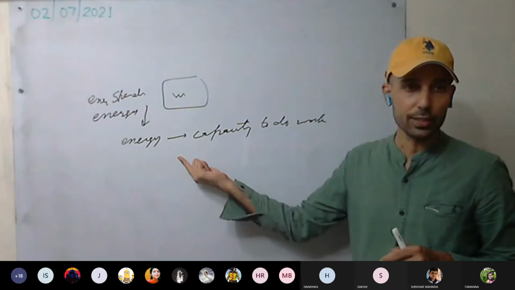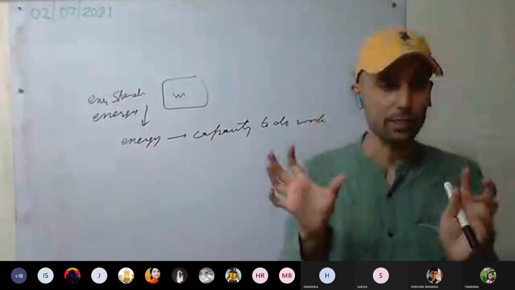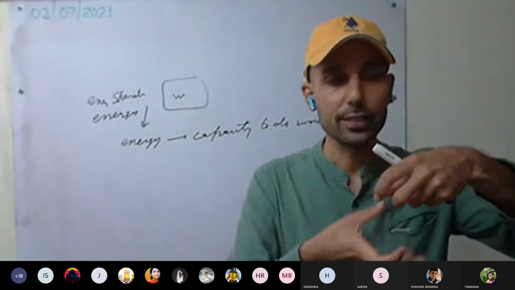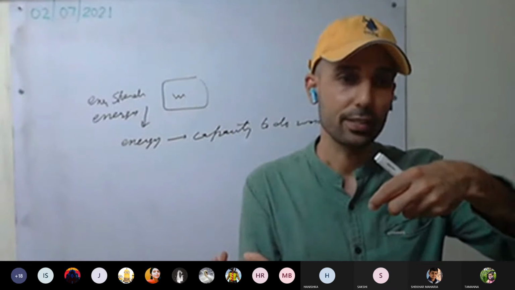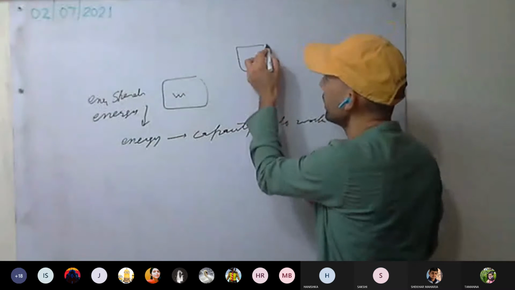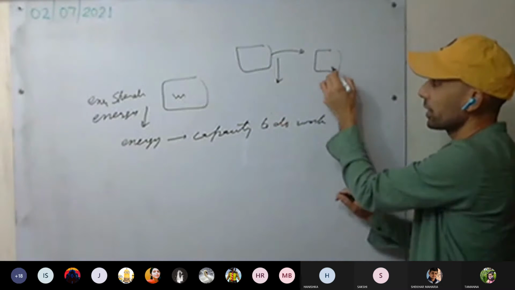So they are related to each other. Work done and energy are quite the same thing. We can say they are numerically equal. How much energy you spent will be the amount of work done. So whenever a body does work, its energy reduces, and that is converted into work done.